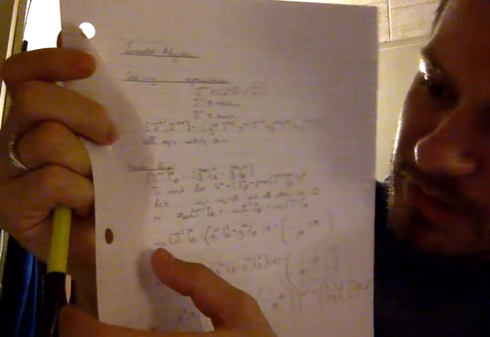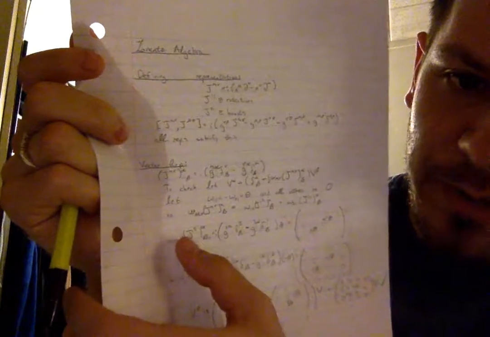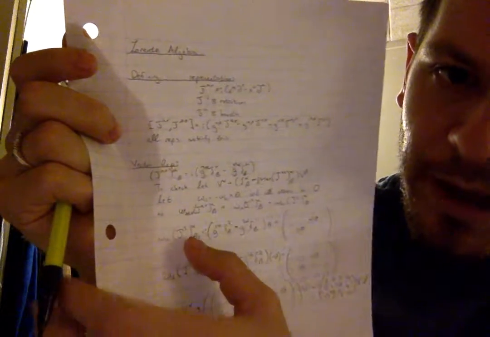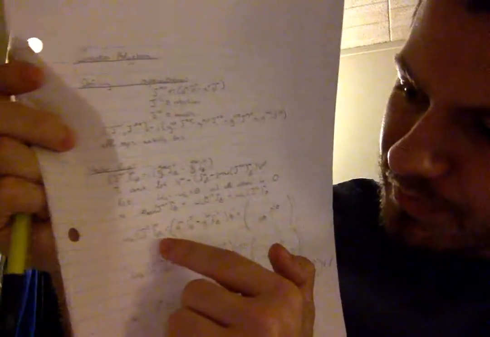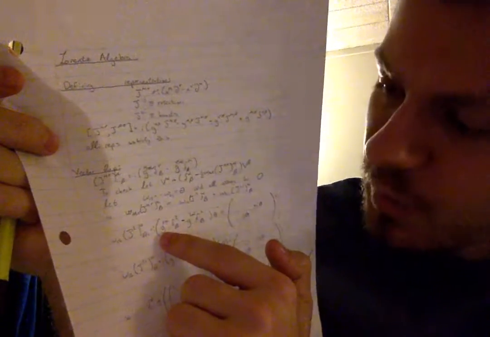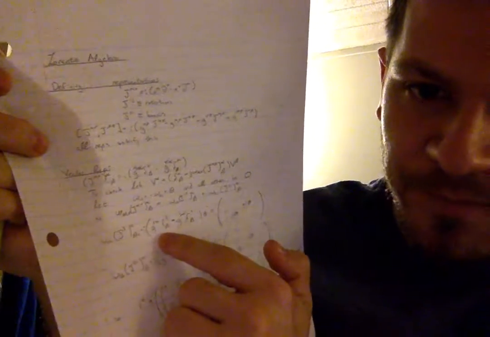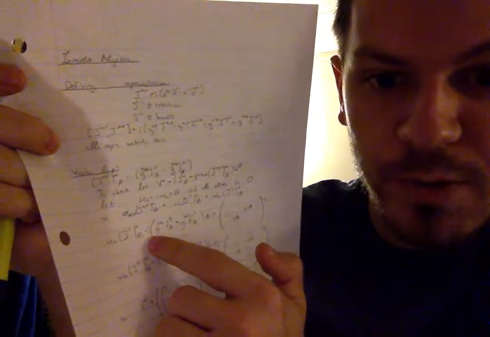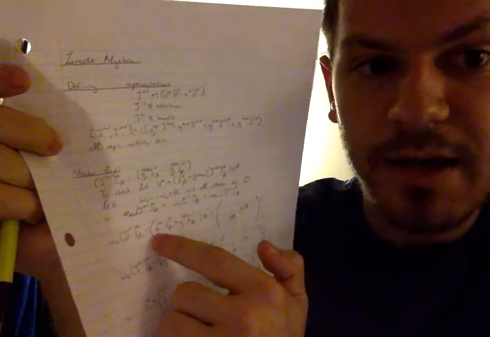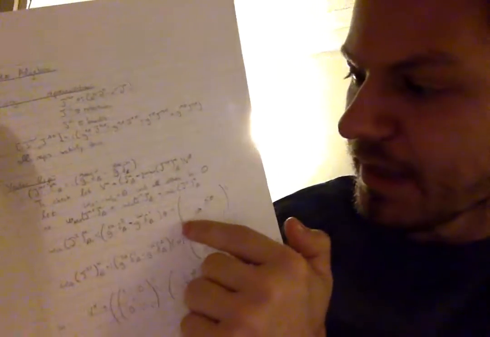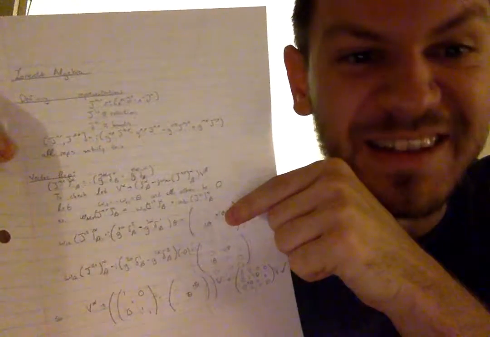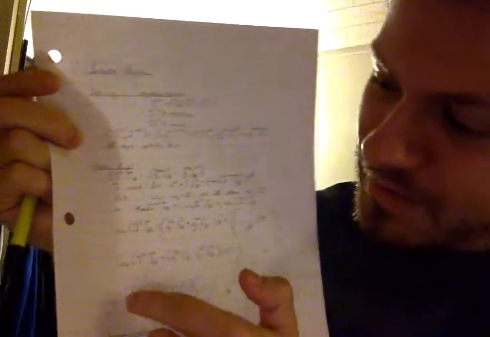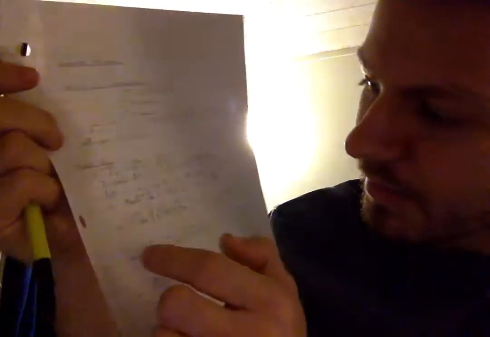So the first one is ω_12 times (J^12)^α_β. And now I went back up here to my definition of (J^μν)^α_β, and I plugged in μ equals 1 and ν equals 2. And I used the definition of g^μν and the definition of δ^α_β in order to get this matrix. And I didn't write in all the zeros because I didn't feel like it. And then I did the same thing for, sorry, this should be ω_21.